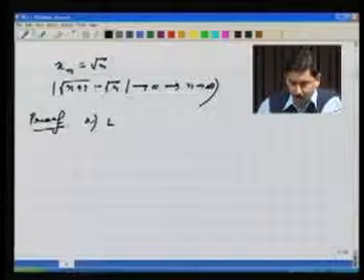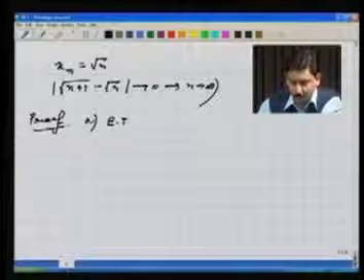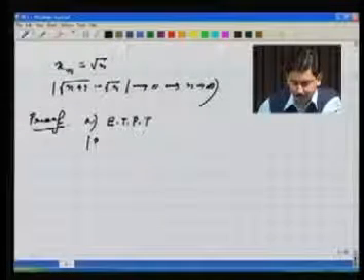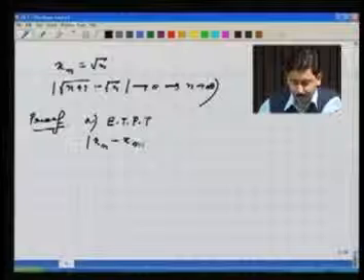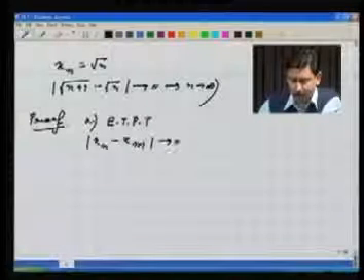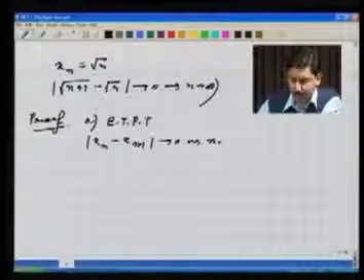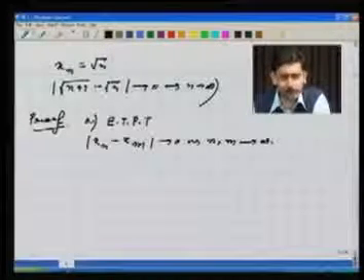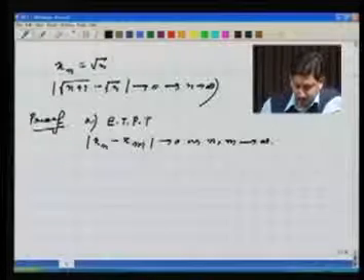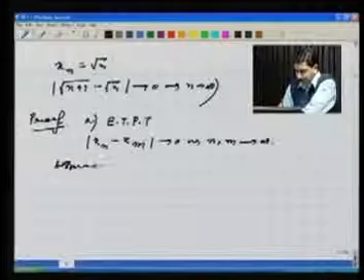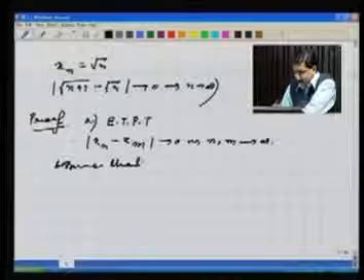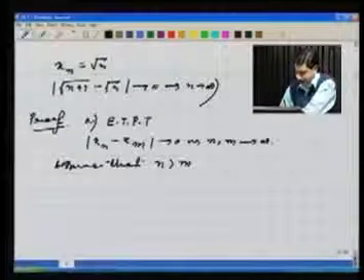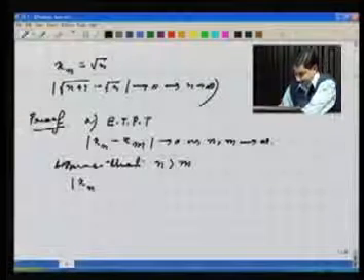I say it's enough to prove that modulus of xn minus xm goes to 0 as n, m goes to infinity. That is what was our observation. Well, assume that n is strictly bigger than m, and let's start trying estimating the term xn minus xm.